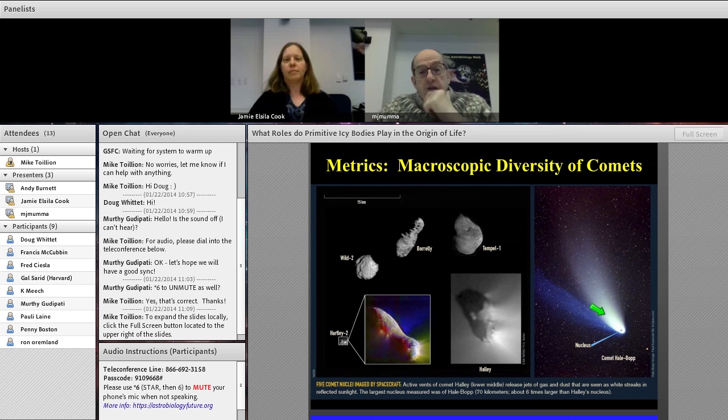Okay, so how do we get at these questions about the material that is contained within cometary bodies and these icy planetesimals, and how that might be delivered to Earth? Well, this is just a take-home message which says you really don't learn much about the composition by looking at an image of the object. You just learn something about its history.